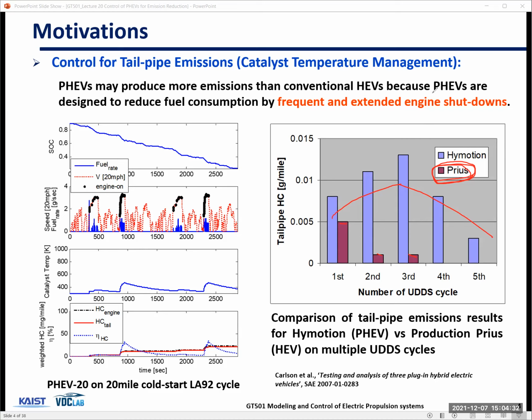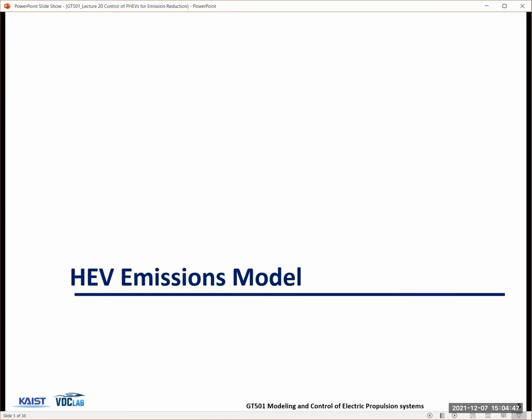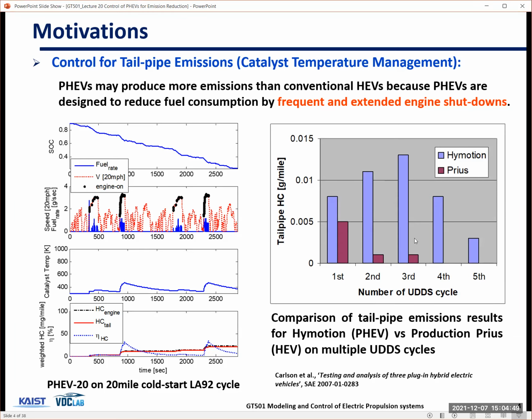And that's because this was not engineered properly, right? So the motivation was this, and the problem we were trying to tackle here is how we can control properly so that we can also minimize emissions. We can take care of the emissions, not just fuel economy. Okay.